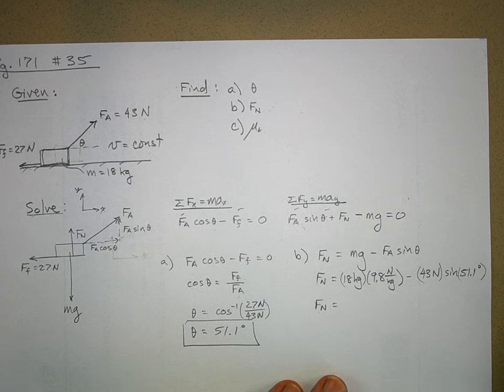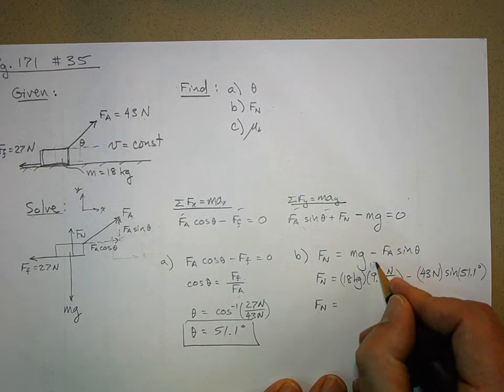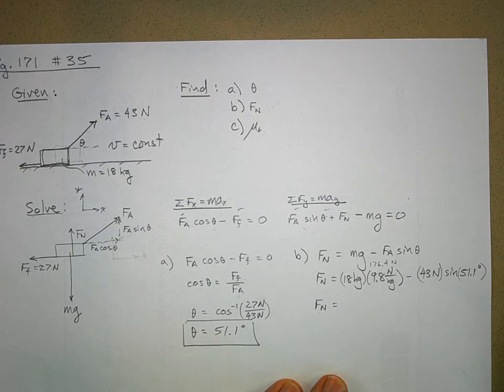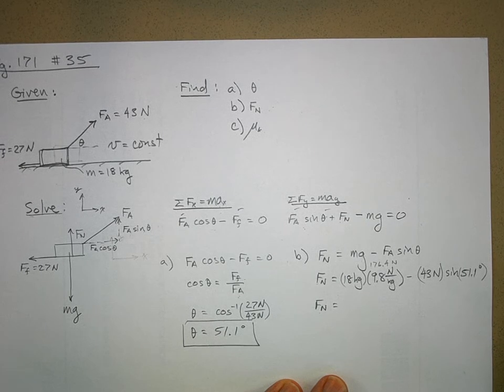So let's see, 18 times 9.8 equals 176.4 newtons, minus 43 times the sine of 51.1.